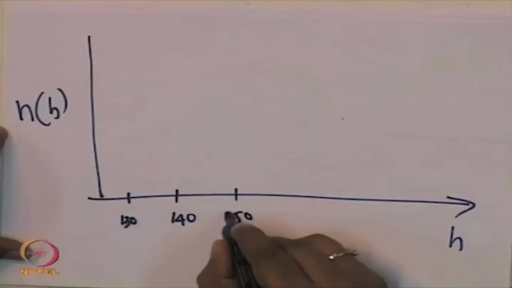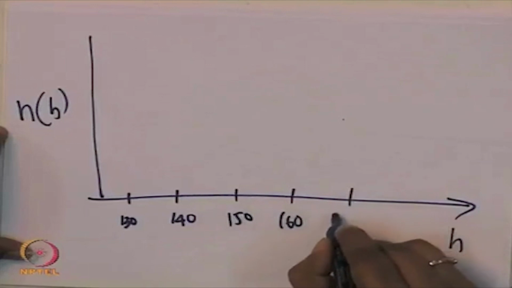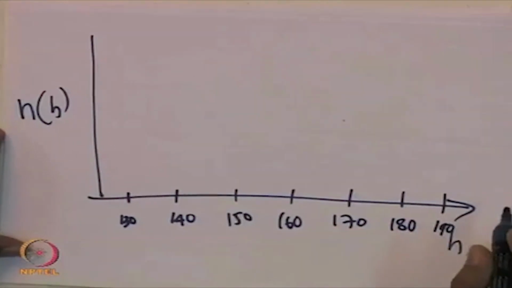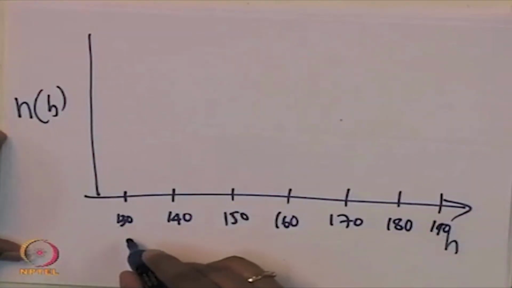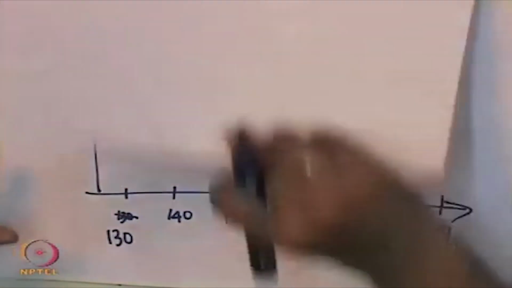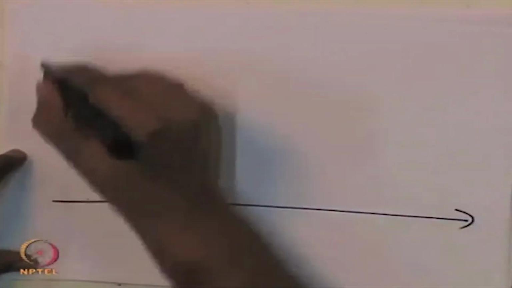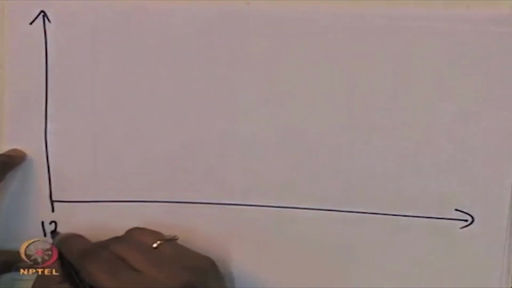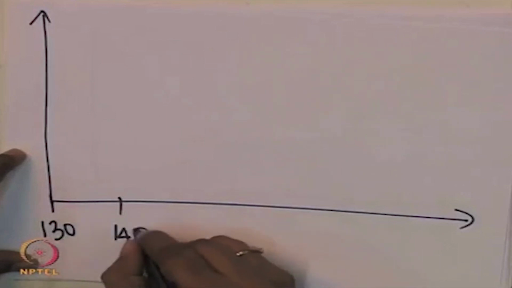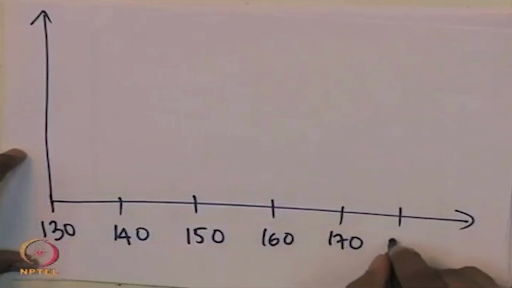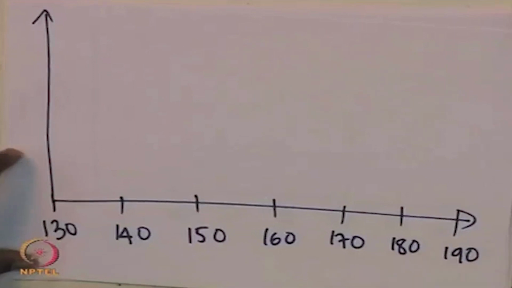Let me draw this a little more clearly, so that it's clearer for you. So you have 130, 140, 150, 160, 170, 180, 190.